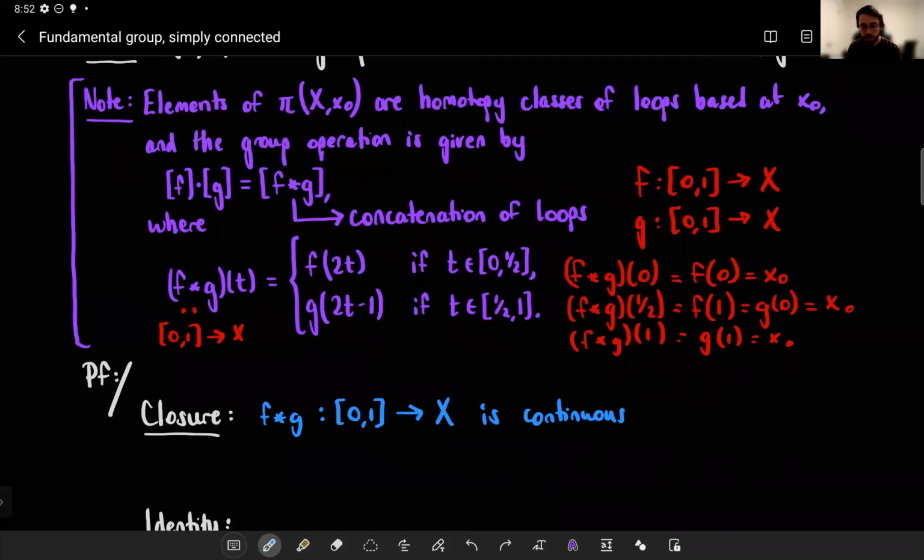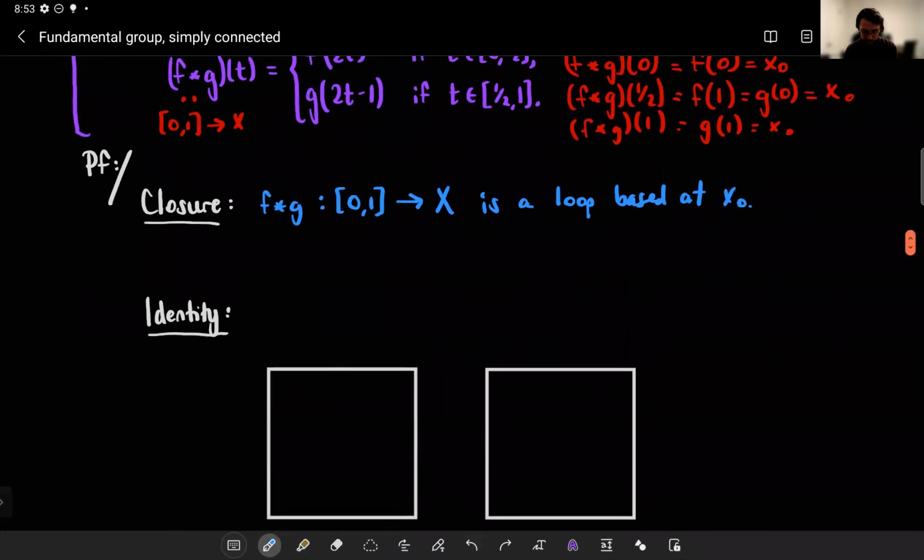That's a big reason why we want to work with loops. So this is continuous, which means it's a path. And it's a path that turns out to be a loop based at x0. That's exactly what you want to say when you're talking about combining 2 homotopy classes of loops based at x0. You want another loop based at x0 as the result. So that's no big deal.